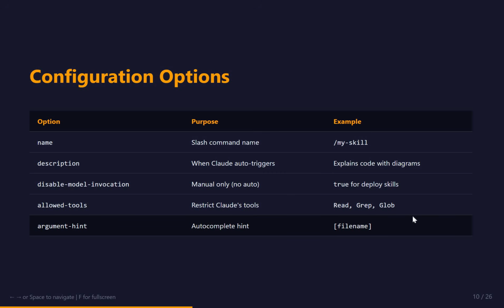This is an example which I gave, and there is an option which you can set for auto or manual. That means disable model invocation. So if you want the AI to take this context automatically every time, then you can set it to auto. If you only want manual skill invocation, then you can set it to manual. And you can also set some restrictions on what kind of tools it can use when you run this skill, like allowed tools and auto-complete hints and everything like that.